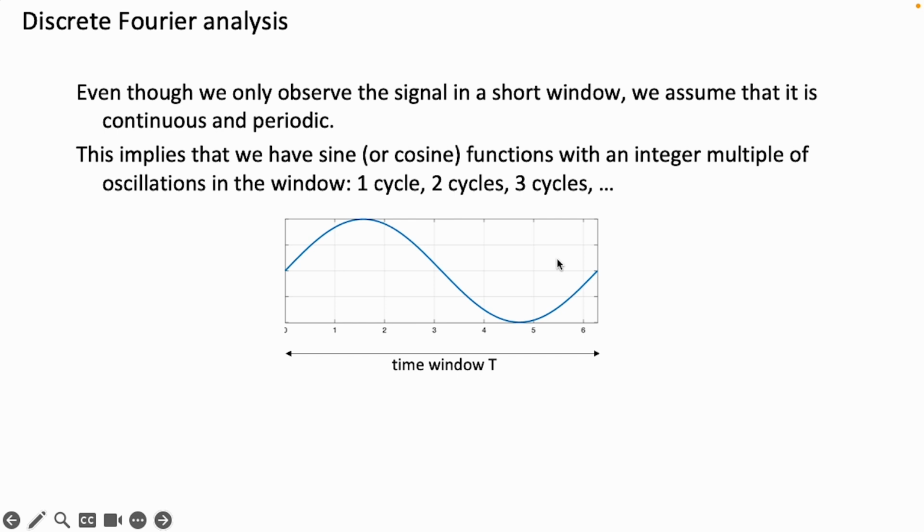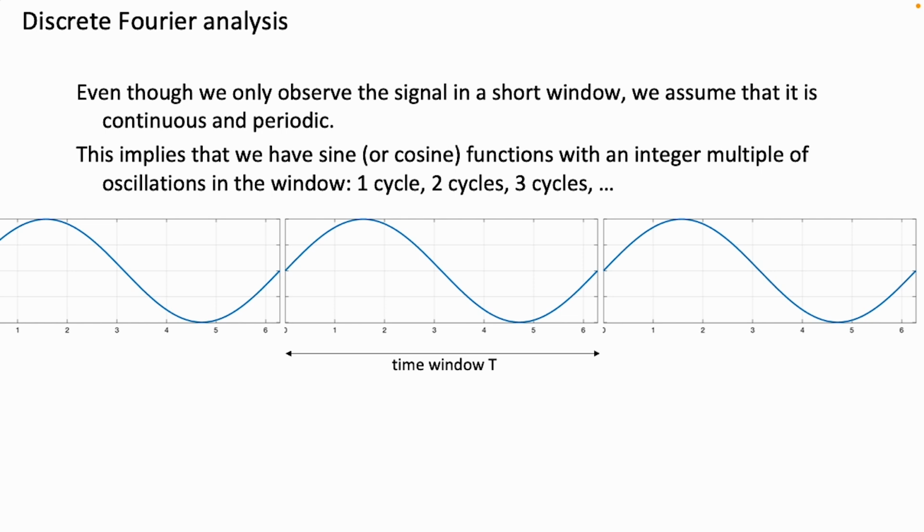We cannot have 1.5 cycles, because we're assuming that the signal is continuous and infinitely long. Even though we have not observed the data prior to or after the window that we're analyzing, the assumption of Fourier analysis is that the signal is a sine wave, and the sine waves just happen to be infinitely long.